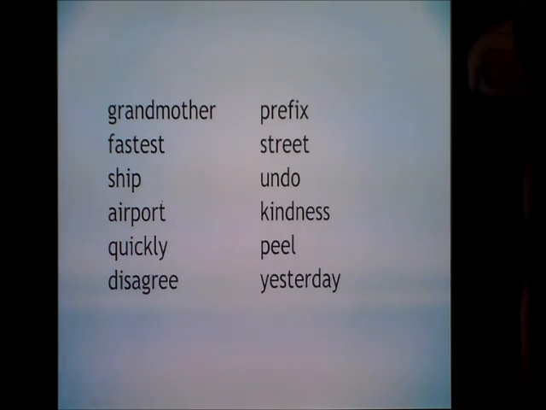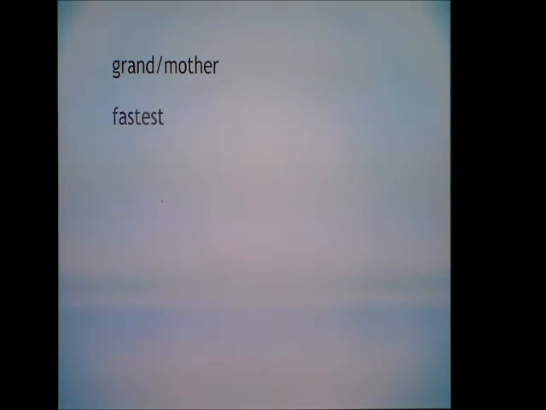So, how did you do? I'm going to show you what I did, which strategy I used, but you might have chosen a different one. As long as you can read the words, it doesn't actually matter which strategy you used. So here I've got grandmother, the compound word grandmother.